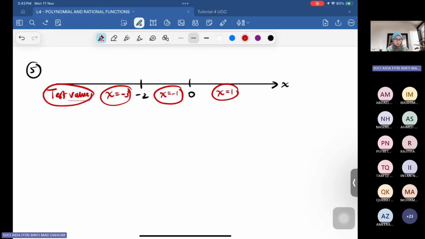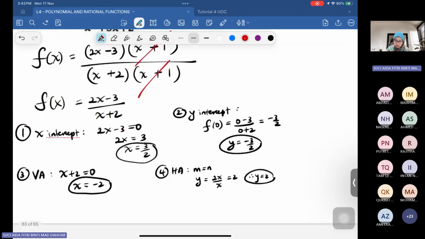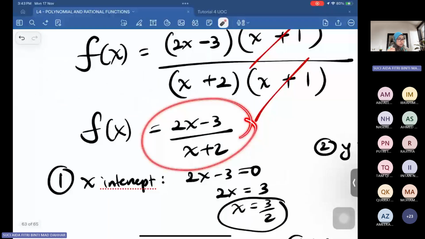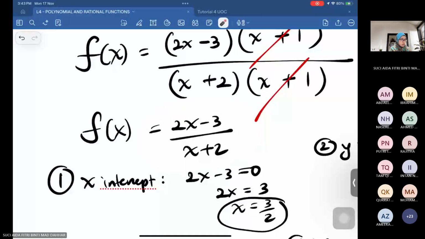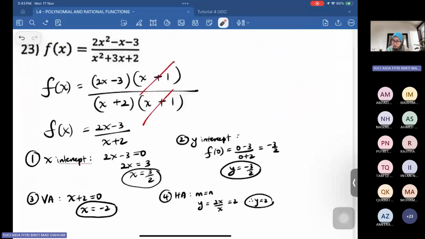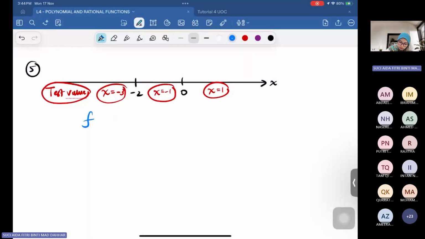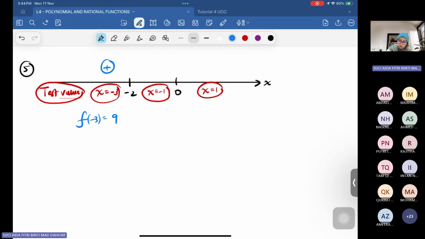Now use the calculate button. I'm going to key in the simplest one, this one. No need to key in the original function. 2x minus 3 divided by x plus 2. Calculate. My first test value is negative 3. So f of negative 3 here is equal to, I've got positive 9, so it is positive.